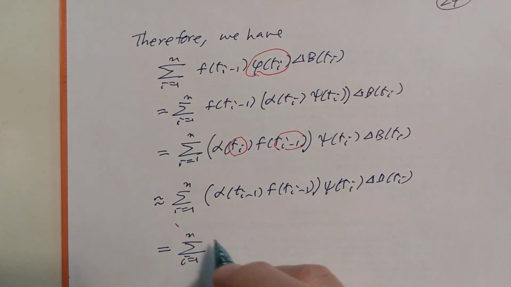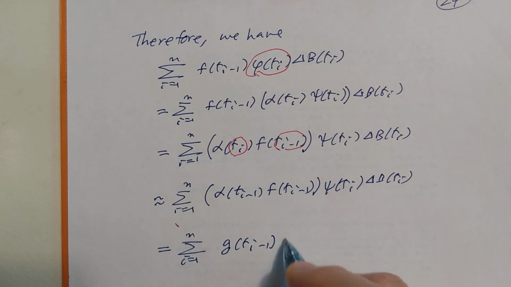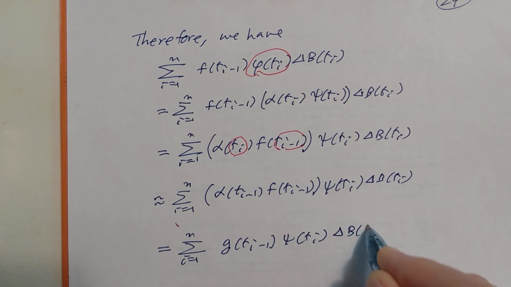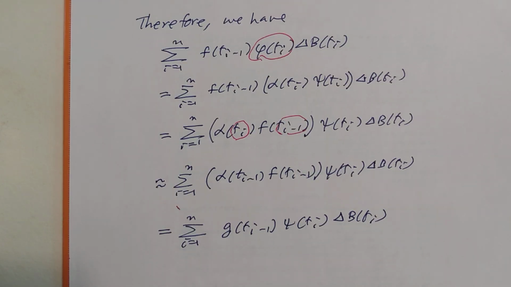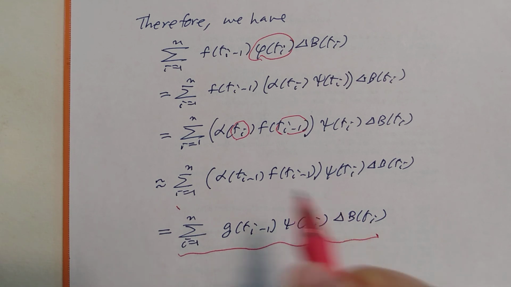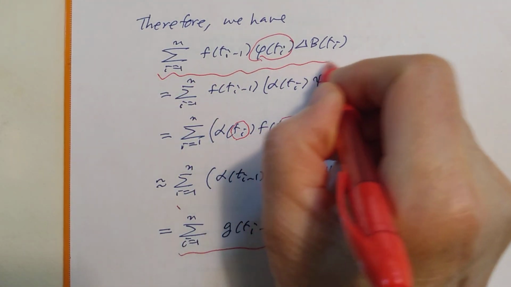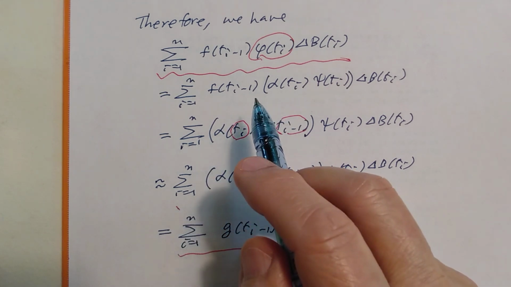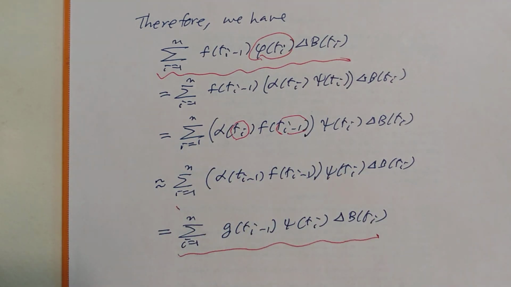So the first factor is g of t i minus 1, and then psi t sub i. So we have shown that these two Riemann sums are almost equal in the sense that the limits are the same.